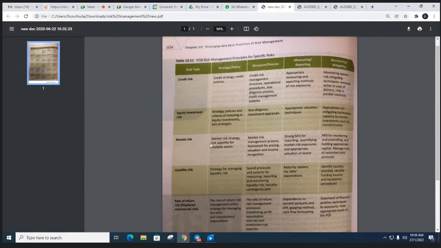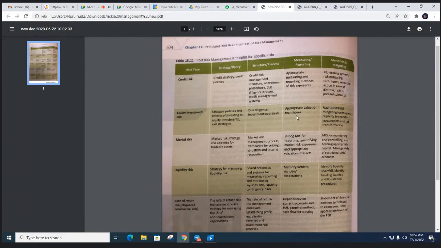So kalau kita nak kaitkan dengan istisna, meaning the institution has to identify the risk appetite for the building, okay, for the material, cement, bricks and so on. Okay. In terms of structure, the institution should have a market risk management process, the framework for pricings of the building, of the material, valuation and income recognitions.